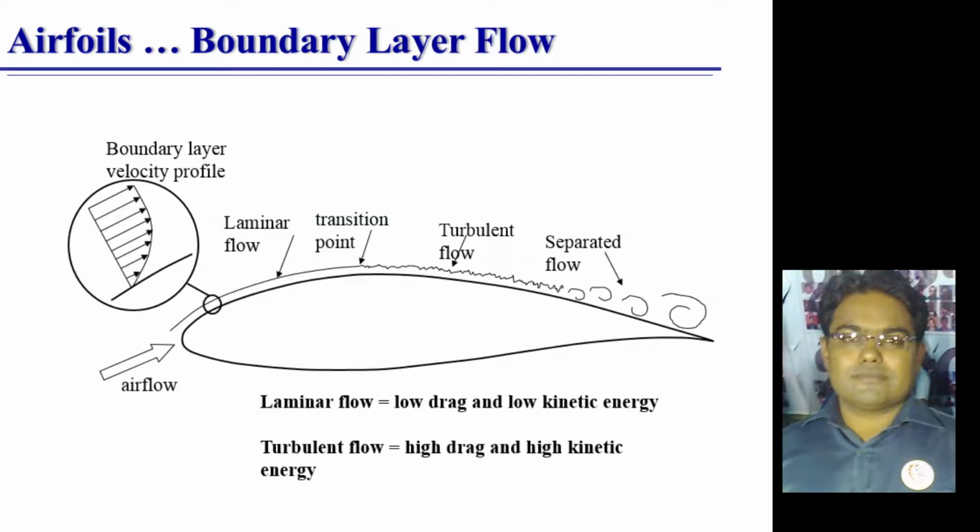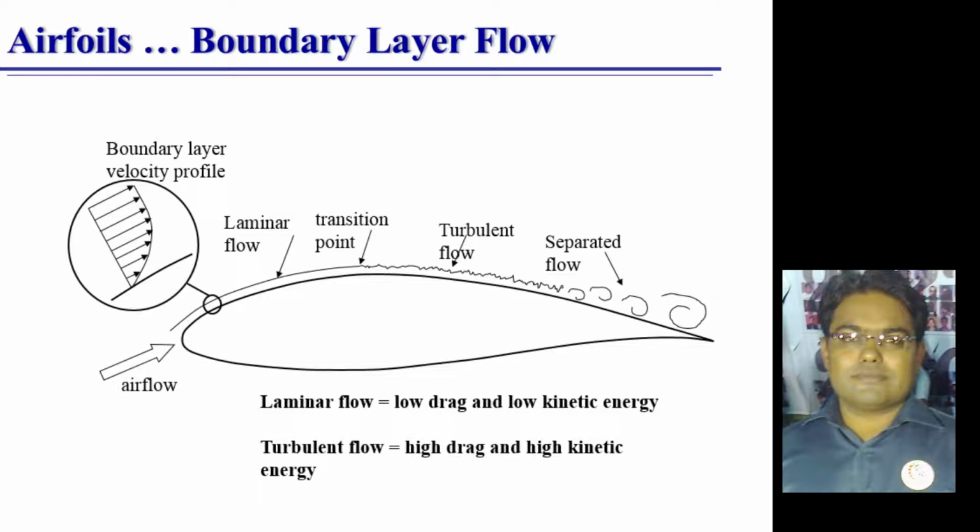In a real flow scenario, if we look at the boundary layer growth across the length of the airfoil, initially it is attached. After a certain point, separation will start. Depending on whether the flow is laminar or turbulent, your boundary layer profile will be different. If it is a laminar flow, it will be attached over a certain length, and due to deceleration in the flow velocity, separation starts.